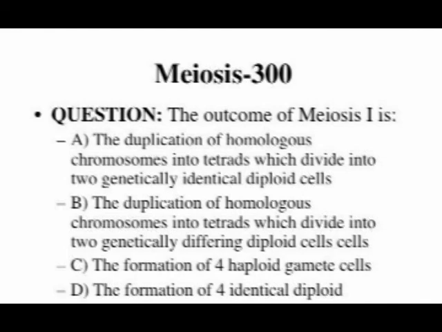C, the formation of four haploid gamete cells, or D, the formation of four identical diploid cells. And who knows the answer? Okay, the answer is B, duplication of homologous chromosomes into tetrads, meaning four, which divide into two genetically differing diploid cells.